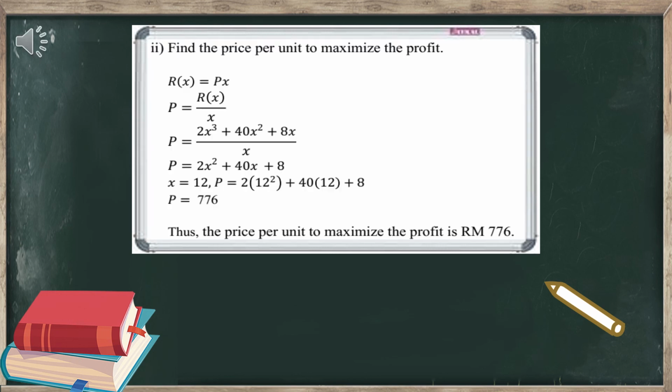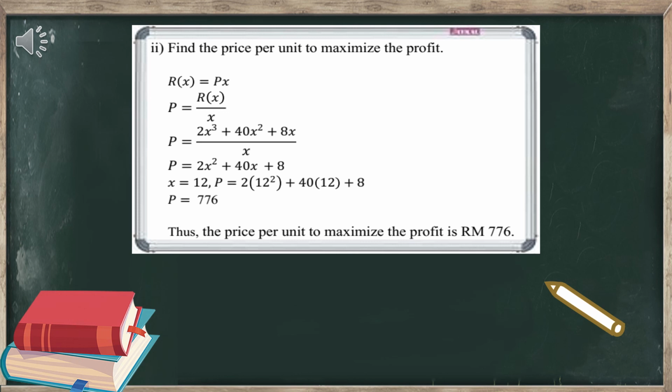This question needs us to find the price per unit to maximize the profit. So we have the revenue formula, which is R function equal to Px. So to find P, we move x to the left, and then we get P equal to R function divided by x, and then for the R function we have 2x power of 3 plus 40x power of 2 plus 8x divided by x, and this we can simplify to 2x squared plus 40x plus 8.